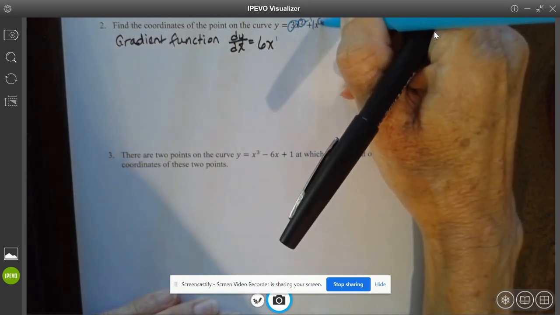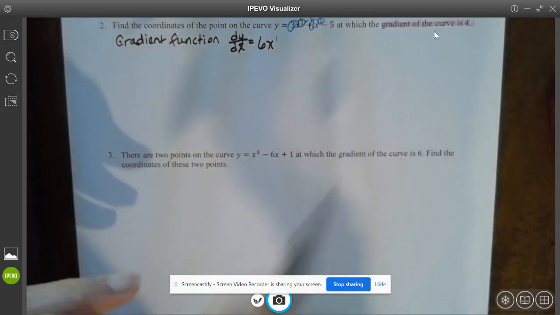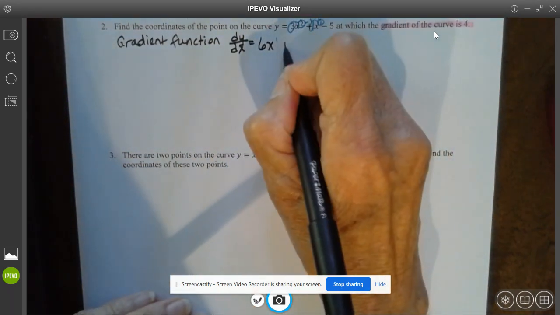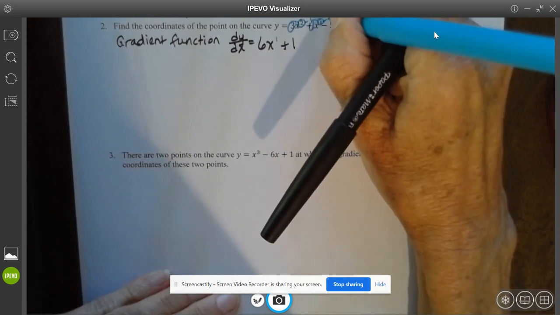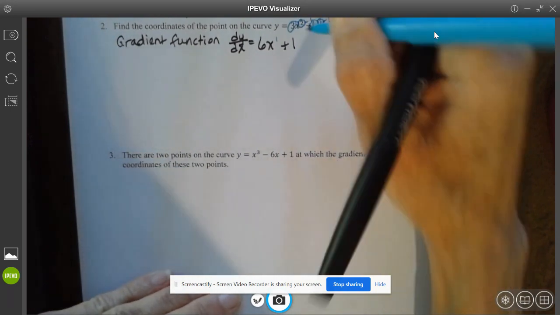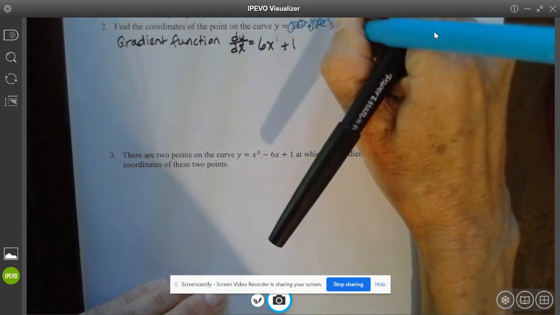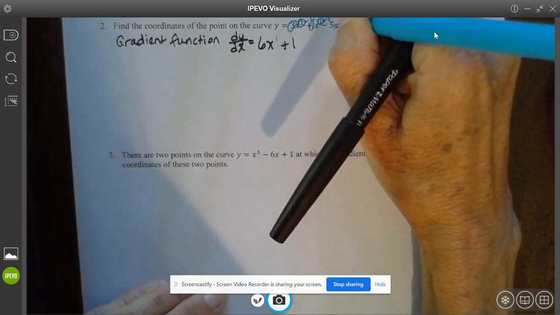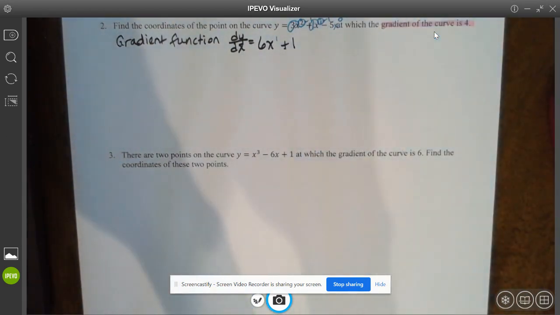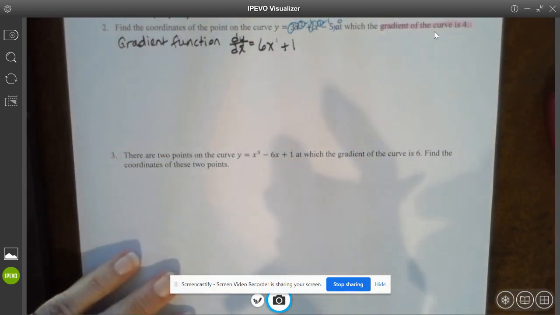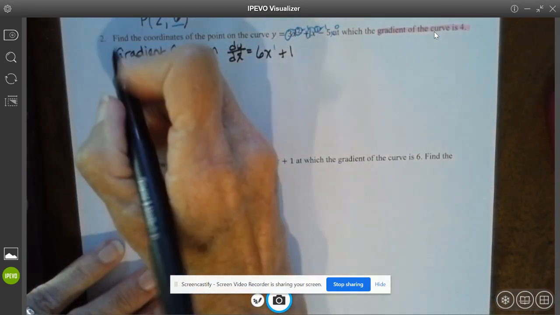So we're going to multiply 1 times 1. 1 times 1 is 1, so we get 1. Now, do we need an x or not? We're going to say minus 1, so that becomes 0. So it's just 1. And remember, this one here is negative 5. Our last term is negative 5x to the 0. Multiply 0 times 5, you get 0. So we have our gradient function.